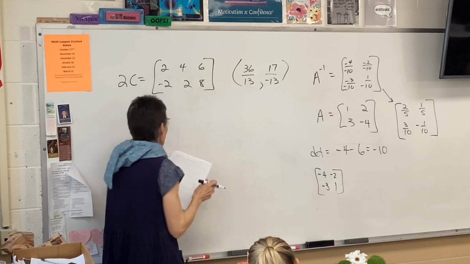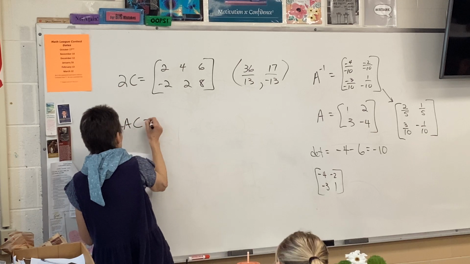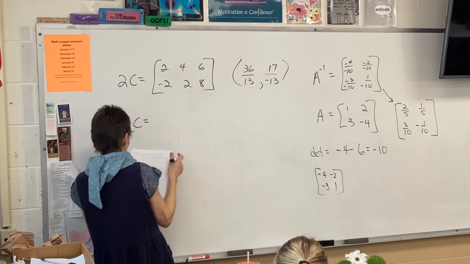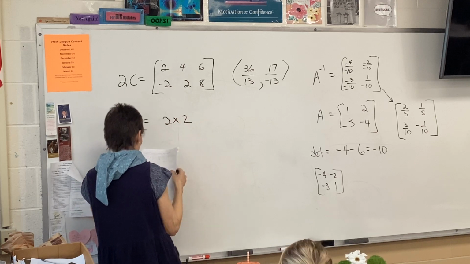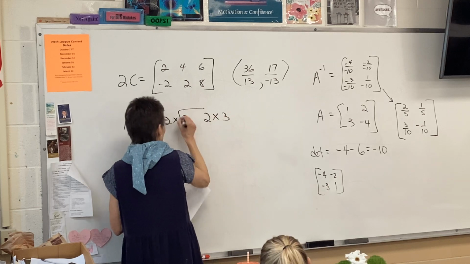All right, A times C. Before I write it all out, can I do it? What are the dimensions of A? 2 by 2. What are the dimensions of C? Okay, you can do it, right?